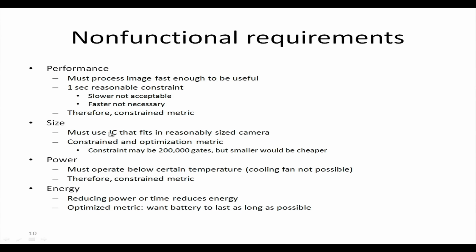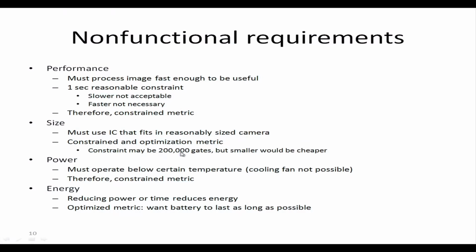The size is, must use an IC that fits in a reasonable size camera, constraint and optimization metric, because it is a constraint, but I need to optimize, because the less space it takes, the better it is. So, constraint may be around 200,000 gates, but smaller would be cheaper. Therefore, this is an optimization metric. Okay.